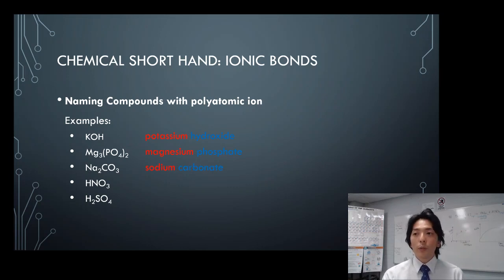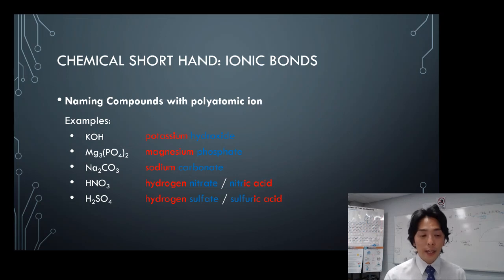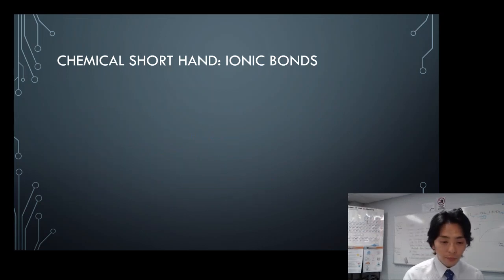HNO3 there can be two names. Hydrogen nitrate is one way. If not, this is an acid, and you call it nitric acid. The last one, H2SO4, is commonly known as sulfuric acid. Systematically, I guess you can name it hydrogen sulfate.